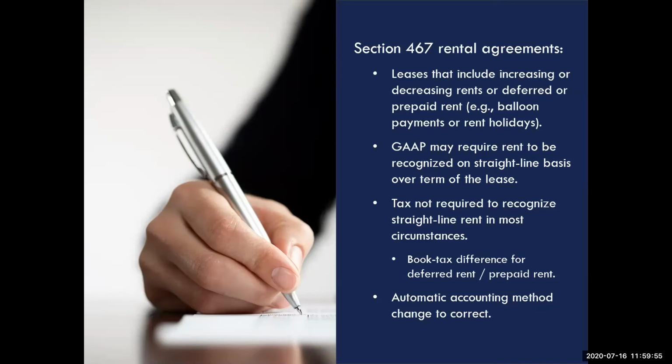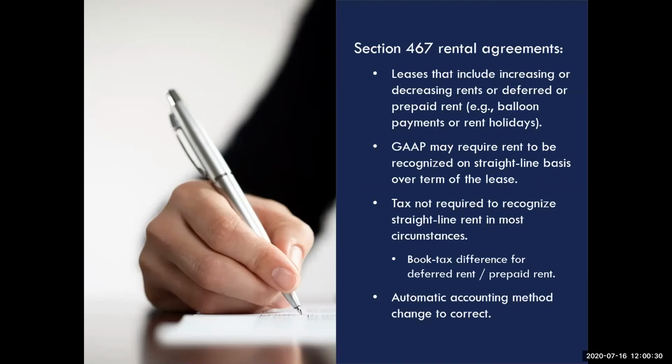And this is going to become very interesting in application in light of COVID, because several of our commercial landlord type clients have been approached by their tenants and have asked for rent holidays. Well, if I give you a rent holiday that is effectively deferring my receipt of that rental income, 467 could kick in and force me to recognize some income during that deferral period. And I need to analyze all of my leases at origination and then upon a significant modification.